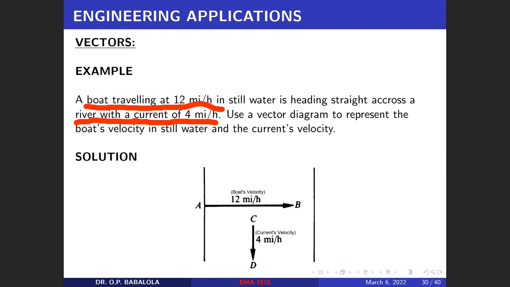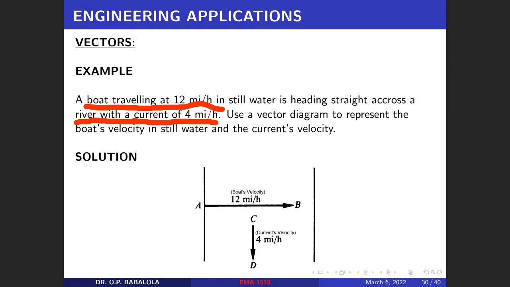Can someone tell me what you think will be the effect of the current on that boat? It may actually deviate the direction of the boat, but there's a unique effect.